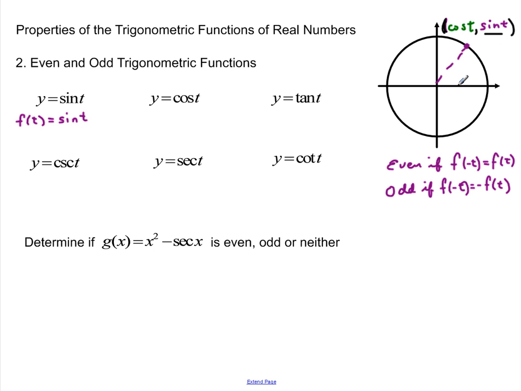Well, if we put in a positive amount of rotation and compare what happens when we have a negative amount of rotation, but the same amount overall, what happens to our coordinates here?